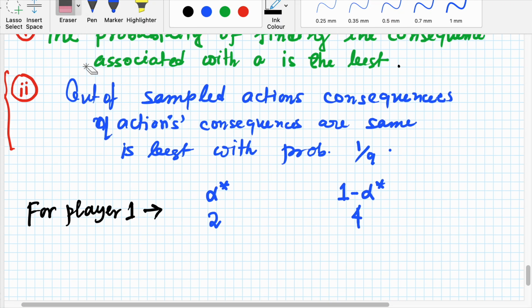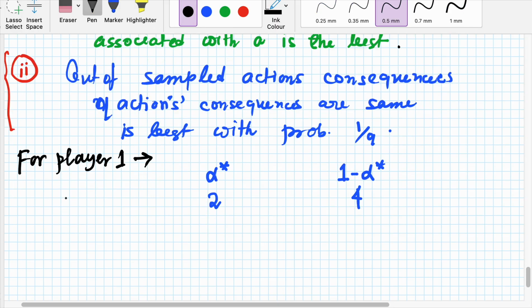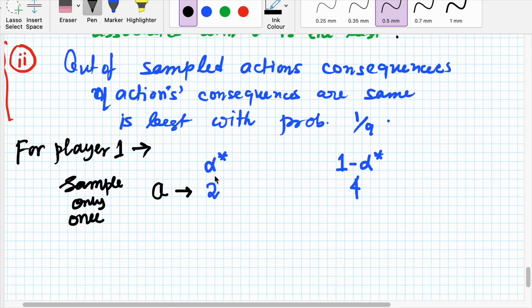So for player 1, when she samples the action A only once, she realizes that she may get a prize 2 with probability alpha star, or a prize 4 with probability 1 minus alpha star.